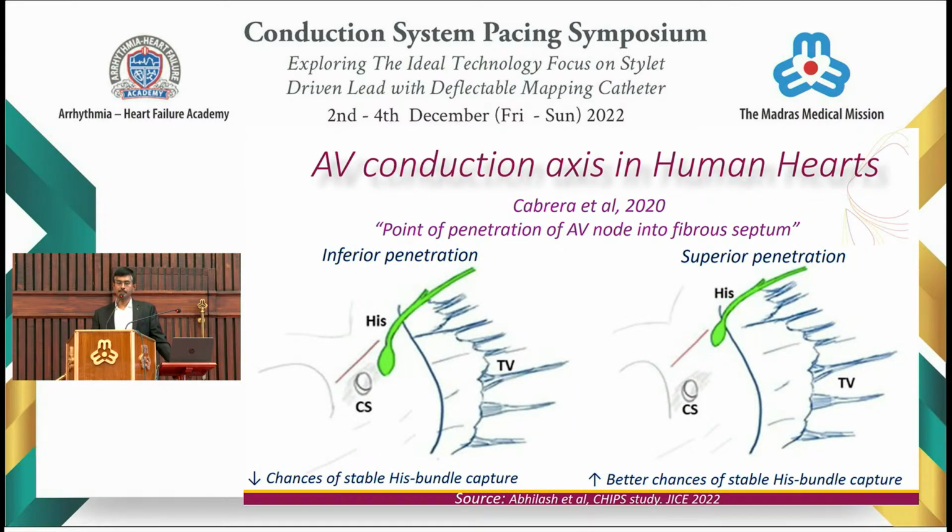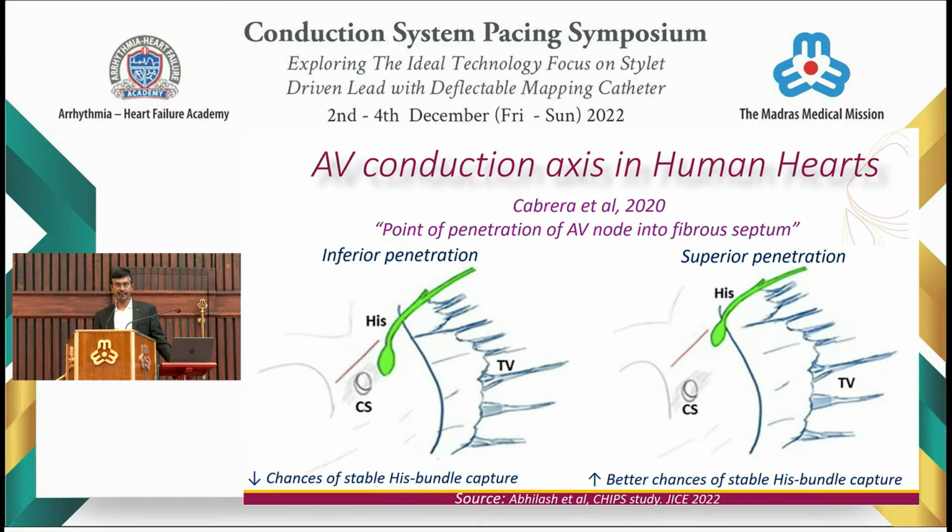There are many anatomists who had come out and who had described greatly the course of the conduction system axis. But with respect to conduction system pacing, that which has become a gold standard or reference article of late that we are trying to refer to is that from Cabrera.